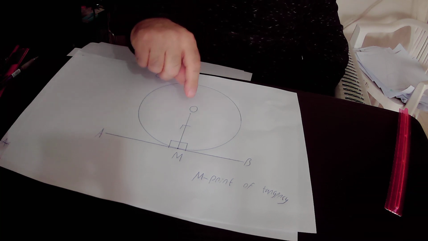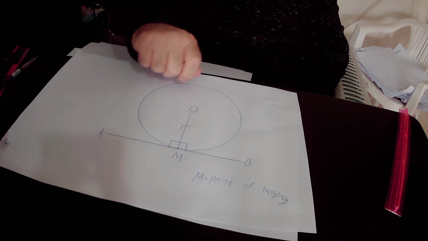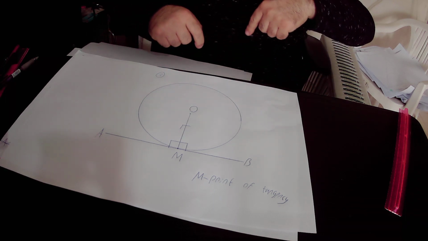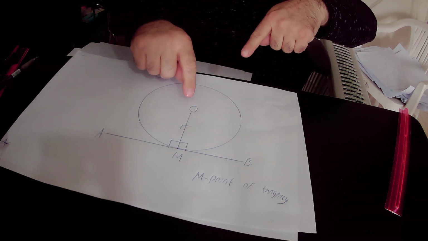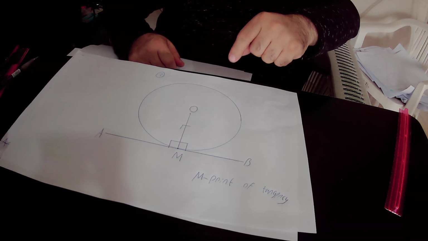Here we have the radius OM, it is drawn to the point of tangency. That is to say, it is drawn to point M, that is the point of tangency of tangent AB with this circle. Therefore, the tangent AB will be perpendicular to this radius. Okay, I'll repeat again.